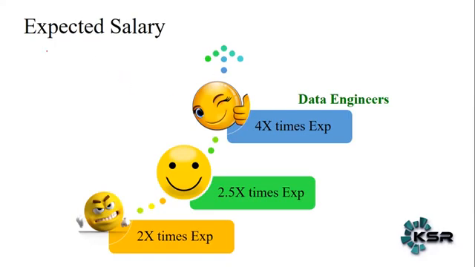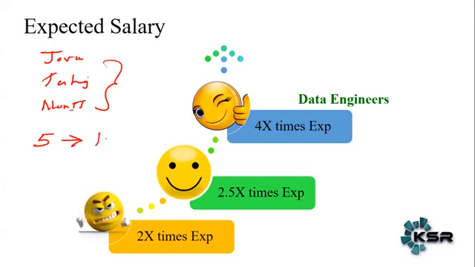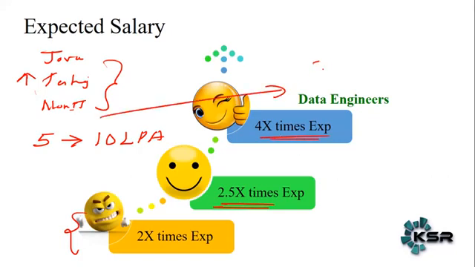Imagine people who know Java, testing, or who are coming from non-IT: if their experience is 5 years, they can get a maximum of 10 LPA, because it's just 2 times their experience. By chance, if you learn any extra skill, you may get up to 2.5 times. But if you are a data engineer for 5 years, you can even get 20 lakhs per annum.